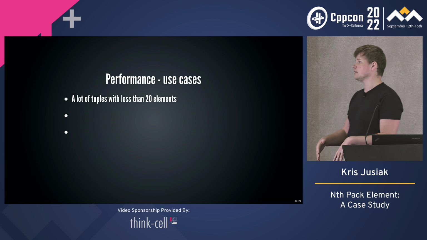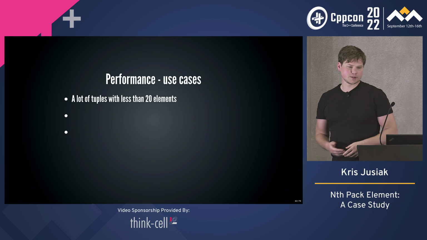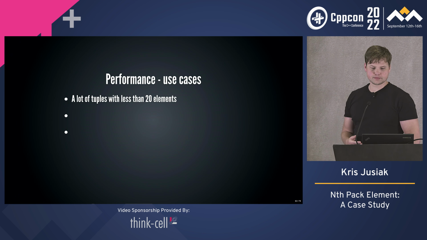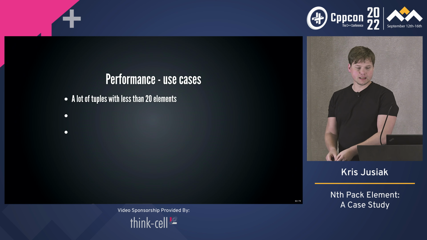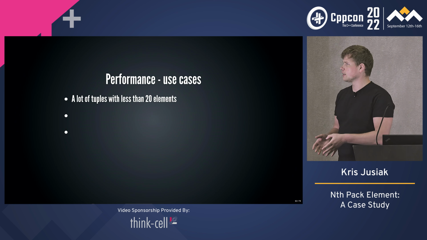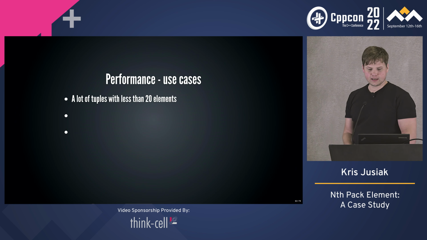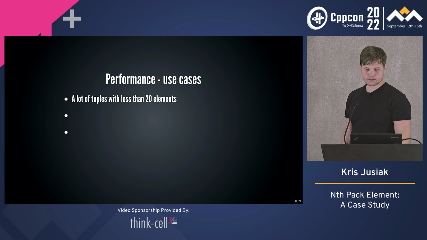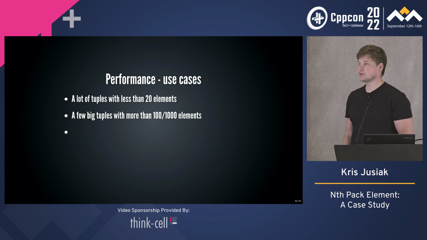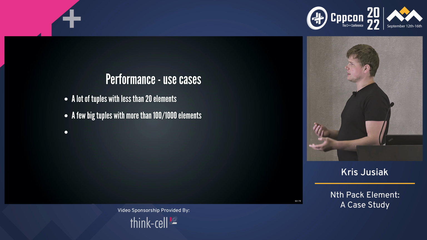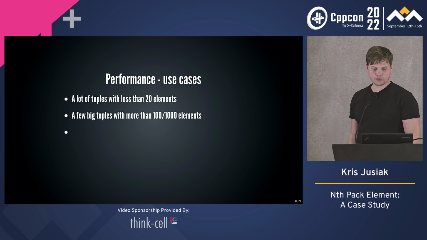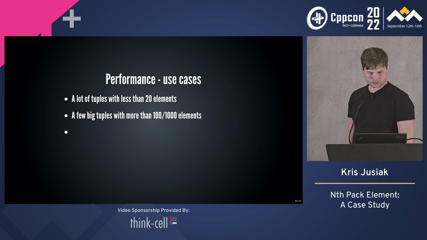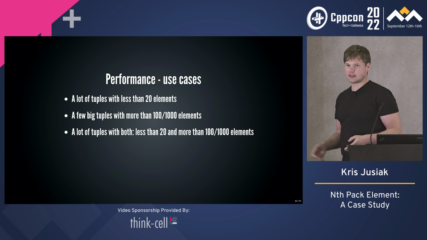There are different use cases depending on what we are working on. Sometimes there are a lot of tuples of less than 20 elements, and then it's important whether the tuple of less than 20 compiles fast. That's often the case. Sometimes we have a few generated tuples or types which we want to compile. And sometimes we have both.